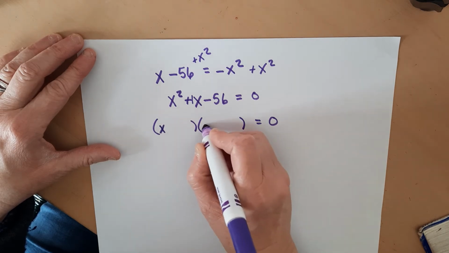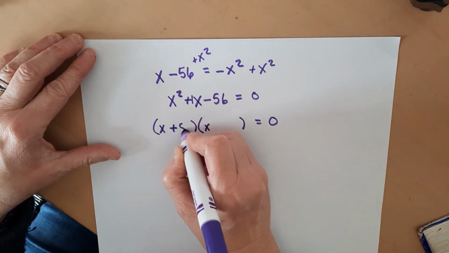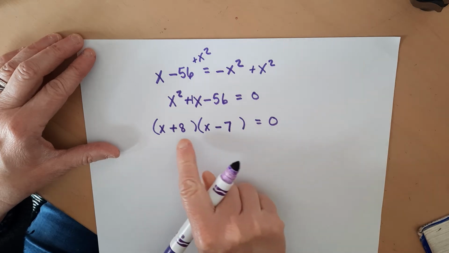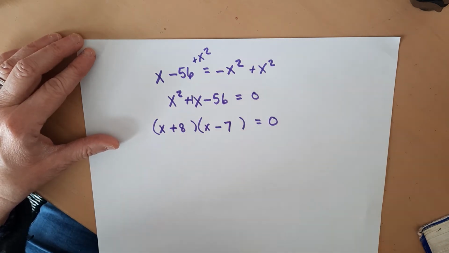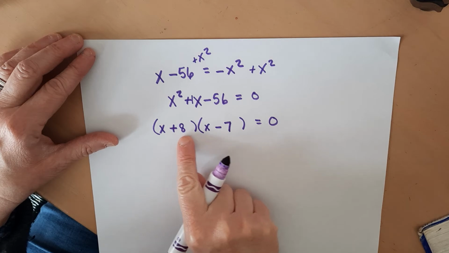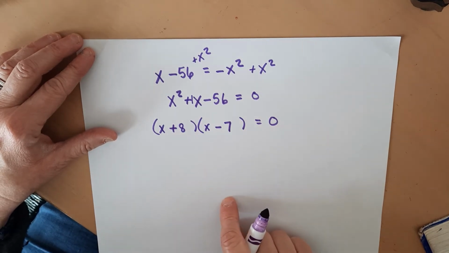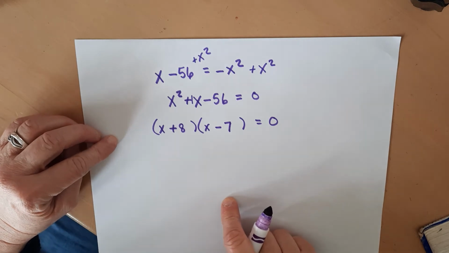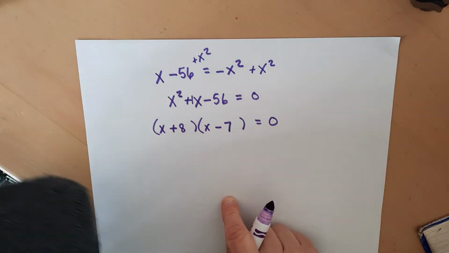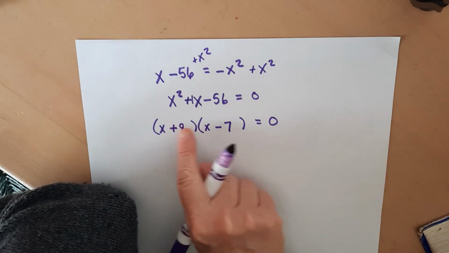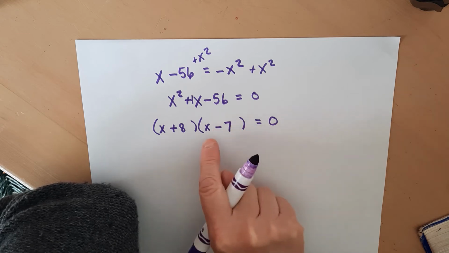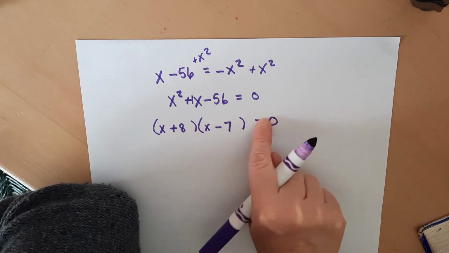Well, first we put our x's in. Positive 8, minus 7. 8 times negative 7 equals negative 56, but positive 8 plus a negative 7 equals 1. When we get to this part, we're going to think to ourselves again, one of these has to equal 0. Both of them can, for this answer to be 0.